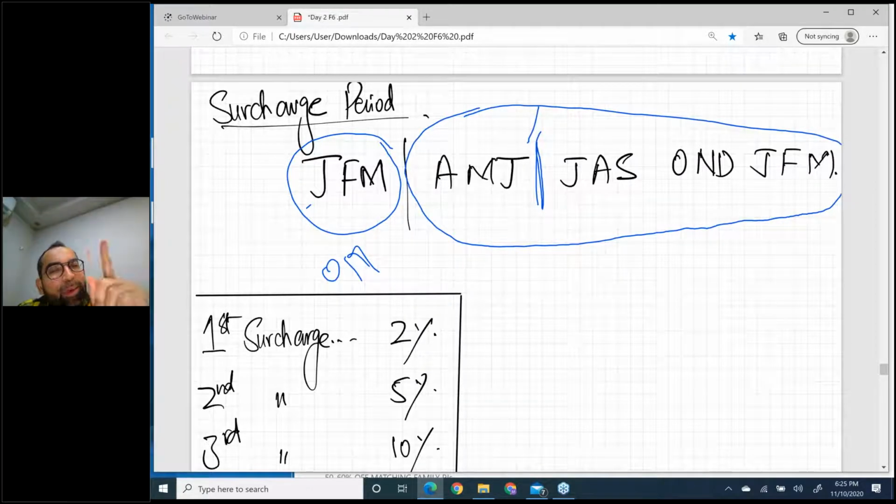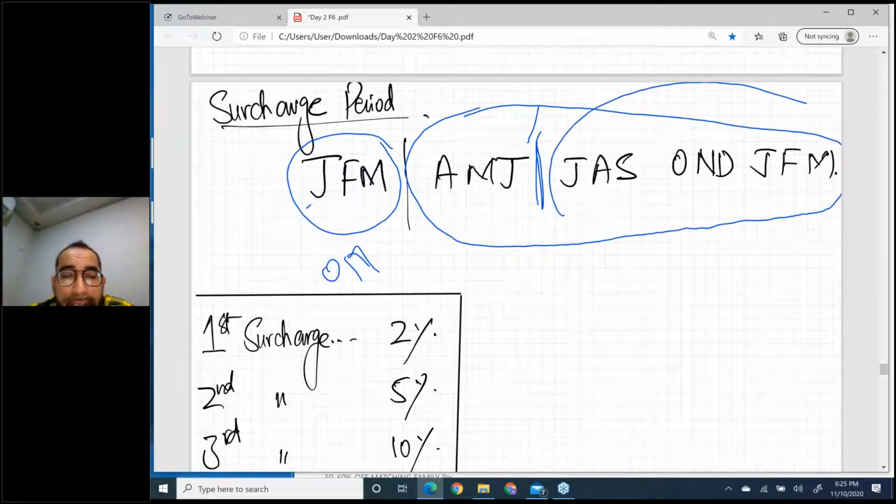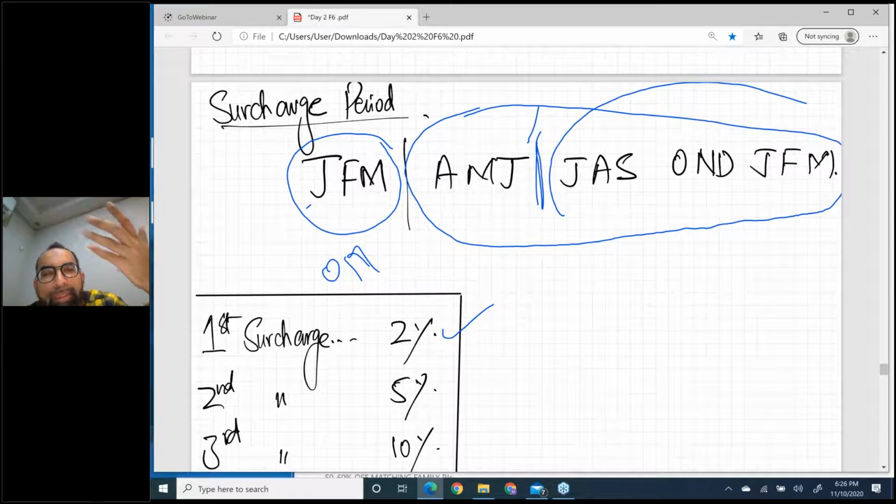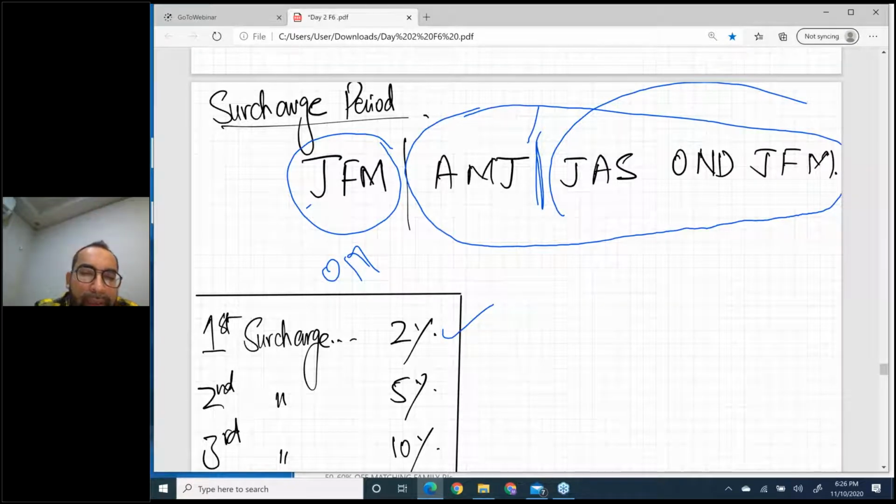Now your surcharge period will be extended for next 12 months and you have to pay 2% penalty. Now, if you repeat your mistake again, your surcharge period will be extended to 12 months from the end of that quarter, and then you have to pay 5%, then 10%, and so on.